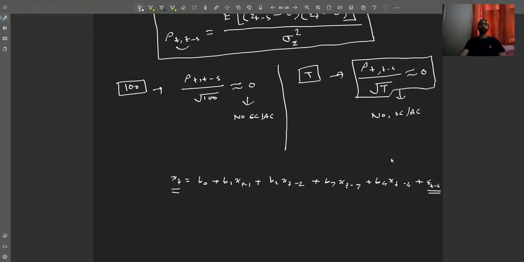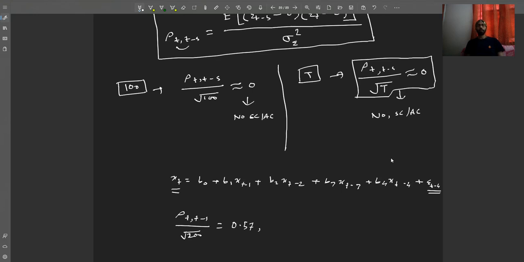Now, when we measure the autocorrelation or the correlation at t minus 1 divided by, let's say the number of observations is 200, so we keep it root over of 200. This value comes to be 0.57.